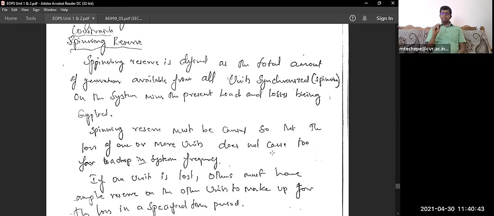So that 30 megawatt, what they will do is go for generating the power by a spinning reserve generating unit. There will be some spinning reserve generators in the substation, and sometimes in generating units also they might go for spinning reserve, but the majority of the time it is in the substation only.